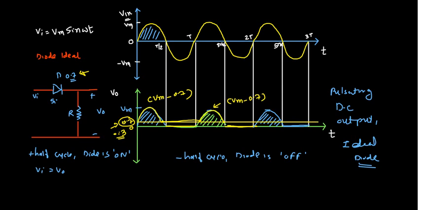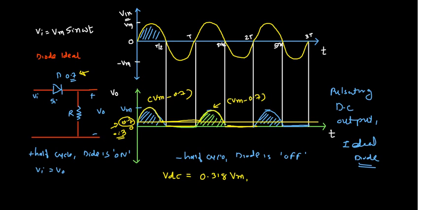Now the equation of VDC, the total conversion of VDC for half wave rectification: VDC equals 0.318 Vm. Remember this equation, VDC equals 0.318 into Vm.